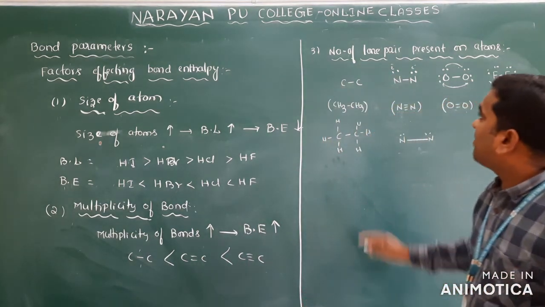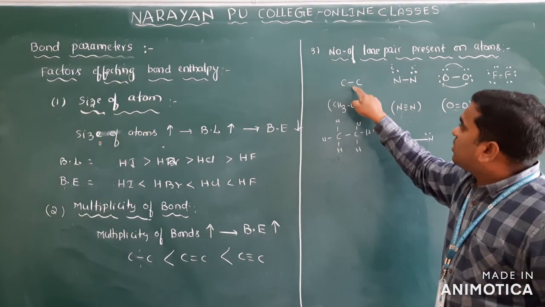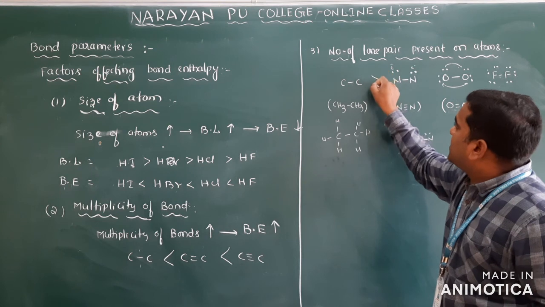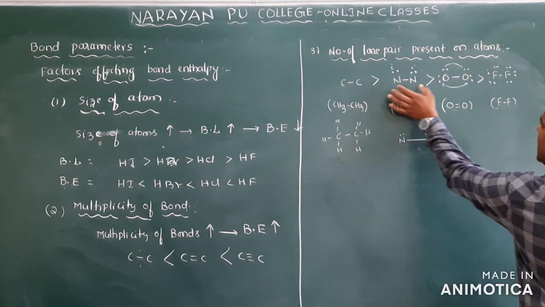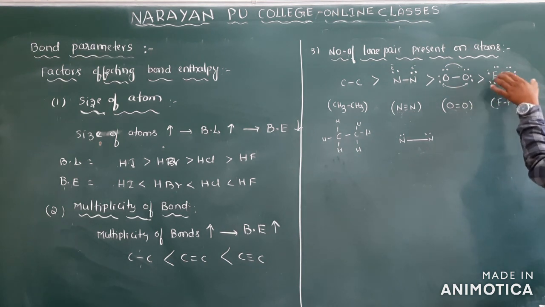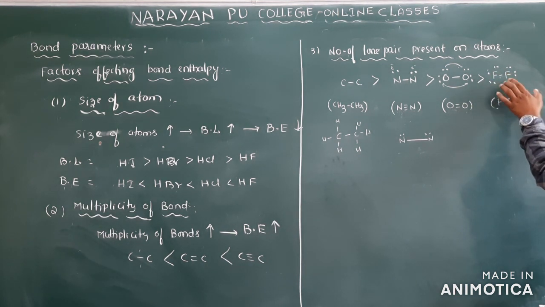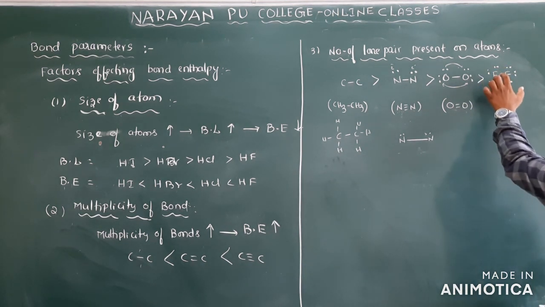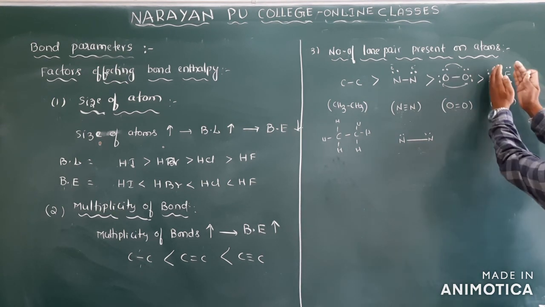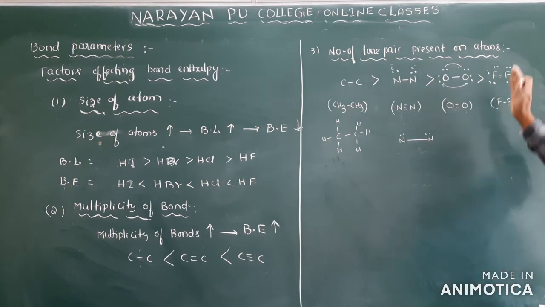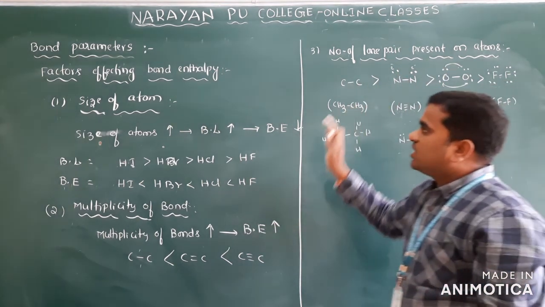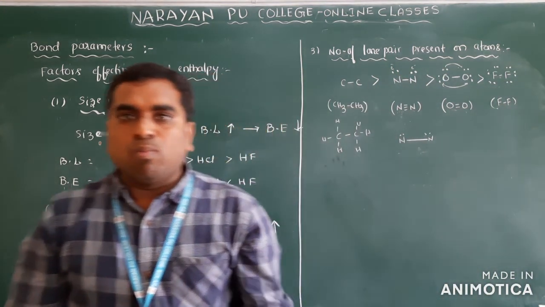So as we move from nitrogen to fluorine, repulsions increase. To avoid the repulsions, fluorine atoms move away from each other, so bond enthalpy decreases. So these are the factors affecting bond enthalpy.